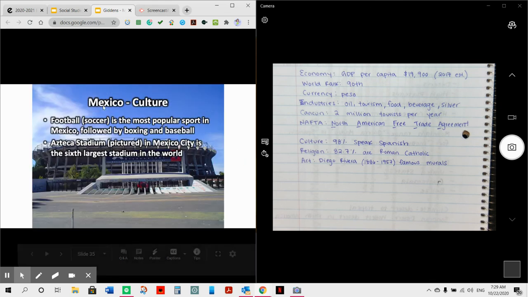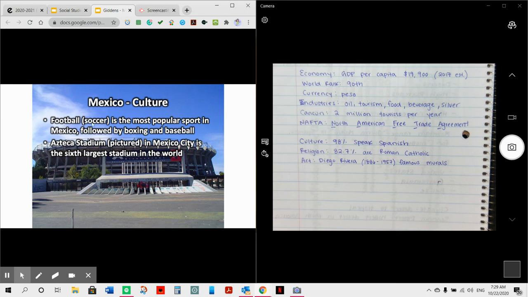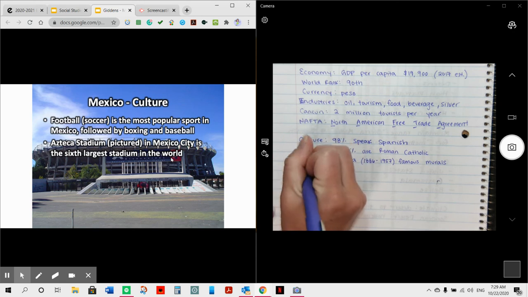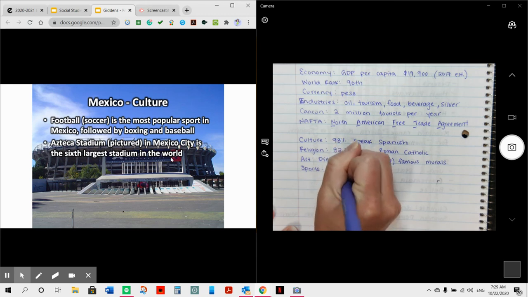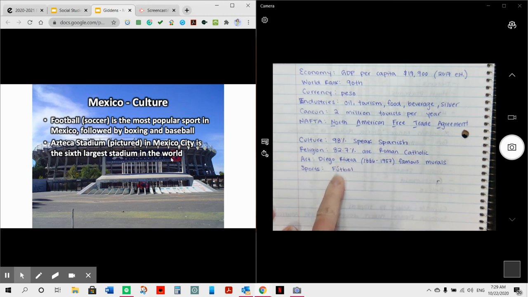More about Mexico culture. Football, aka soccer is what we call it, is the most popular sport in Mexico, followed by boxing and baseball. Azteca Stadium, pictured here, in Mexico City, is the 6th largest stadium in the world. So we're going to say sports, colon, football, F-U-T-B-O-L, with the acento over the U is how it would be spelled.